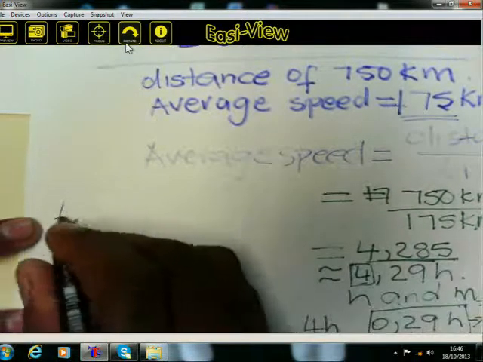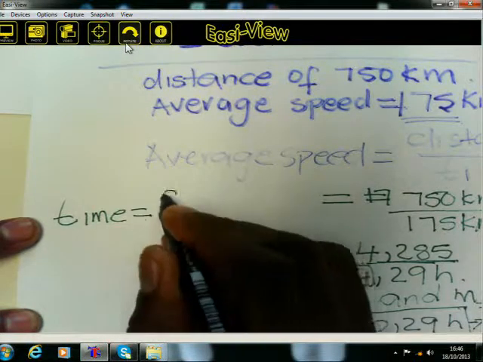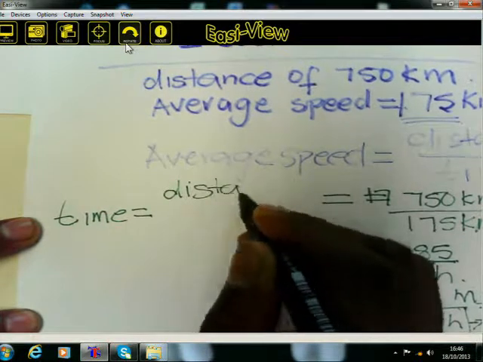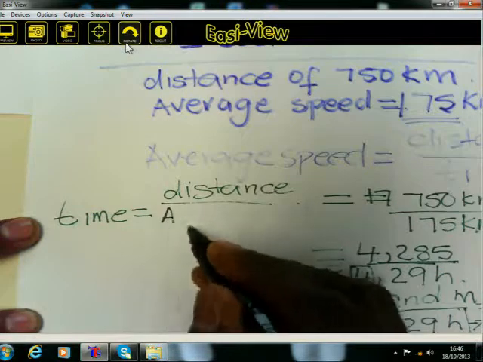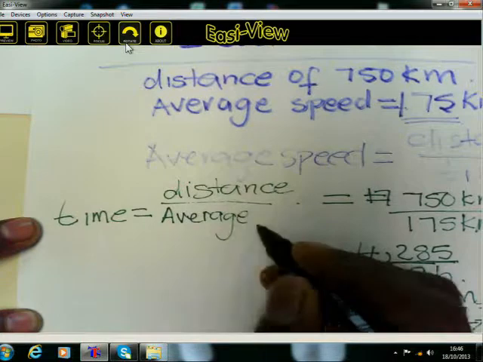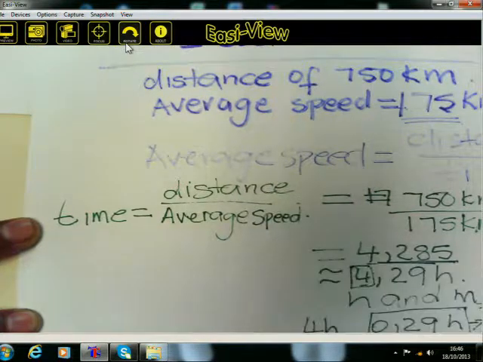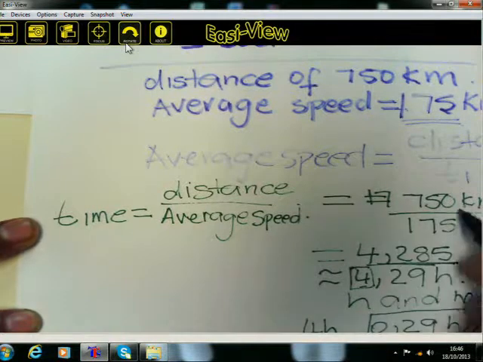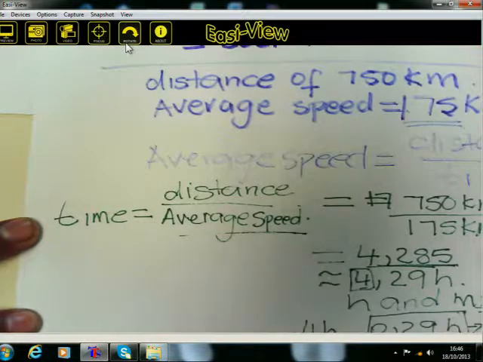Remember, time is equal to distance over average speed. Therefore, our distance is 750 and our average speed is 175 kilometers per hour.